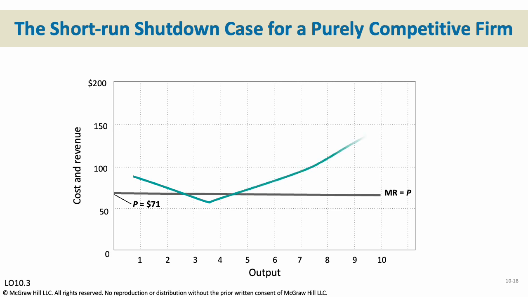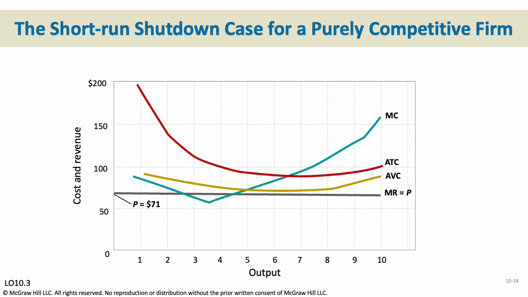And here's a case for a shutdown. So if we look here, price is $71. Marginal revenue equals marginal cost yields an output level of 5.